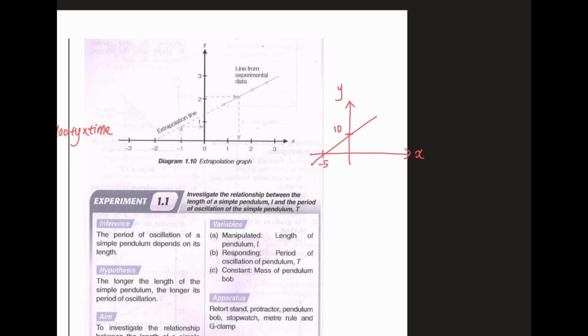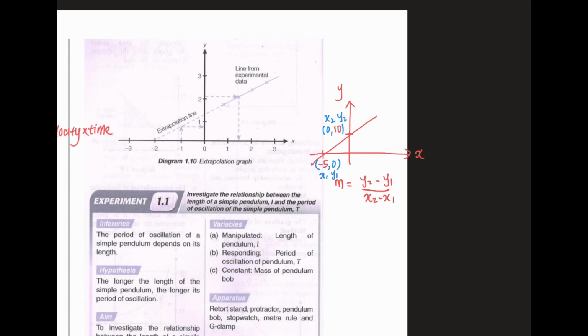Then they ask you to find out the equation that represents this graph. So what we need to do is we find the gradient: y2 minus y1 over x2 minus x1. We can change this to coordinates 0, 10 and -5, 0. So this is x1, y1, x2, y2.